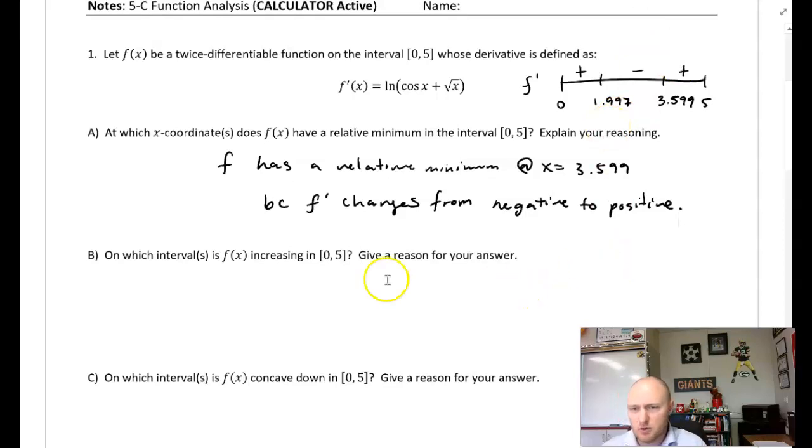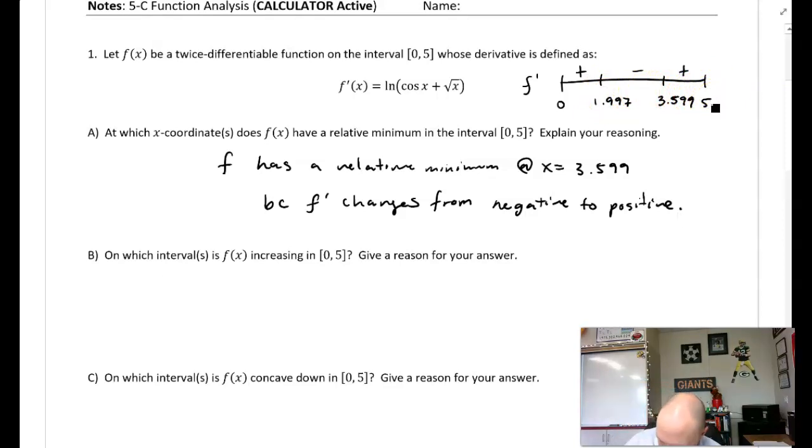All right, next question. On which intervals is f of x increasing in 0 to 5? Okay, so I'm just going to read my sign chart. Thankfully, I already made it. So from 0 to 1.997 and 3.599 to 5.